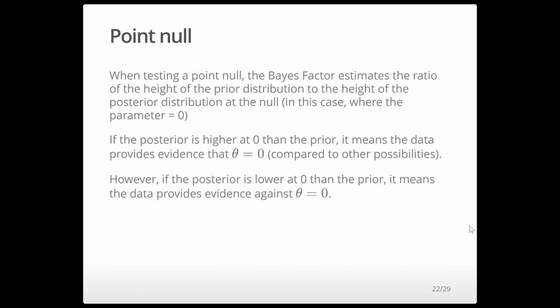If it's higher in the posterior, then the data has provided evidence that the parameter is more likely to be 0 than it was in the prior, compared to other possibilities. However, if the posterior is lower at 0 than in the prior, it means the data has moved us away from 0, and that's provided evidence against the idea that the parameter is equal to 0.